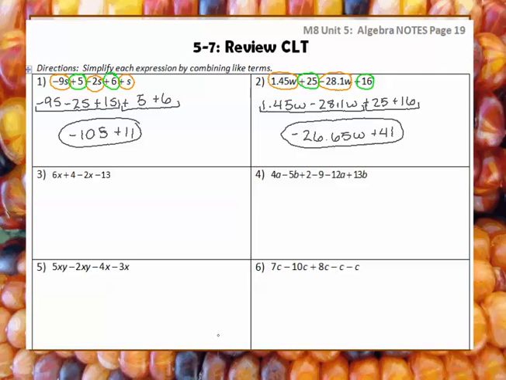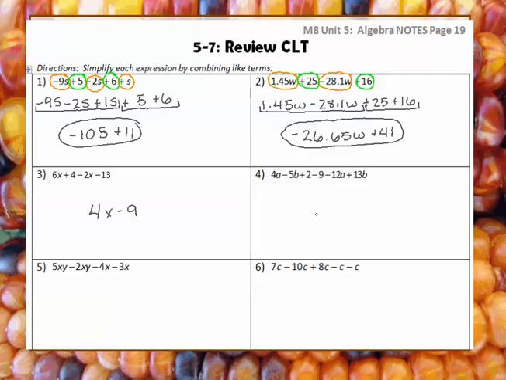Alright, so go ahead, do 3, 4, 5, and 6 by yourself. When you're ready, unpause the video, see if your answers are correct. Alright, so your correct answer for number 3 should be 4x minus 9.